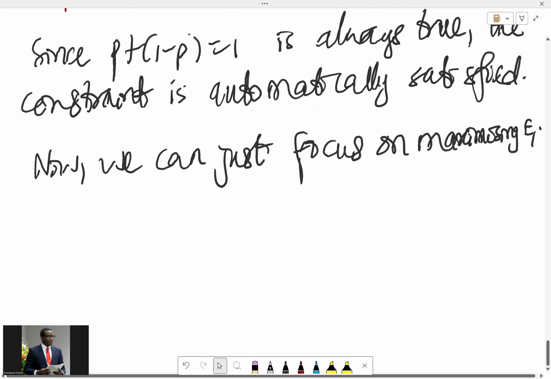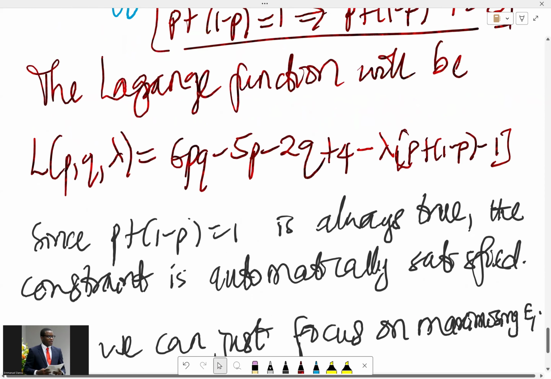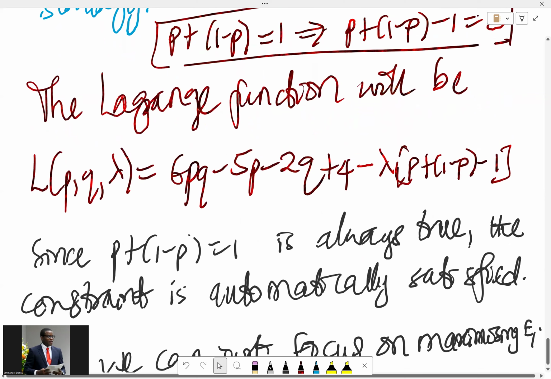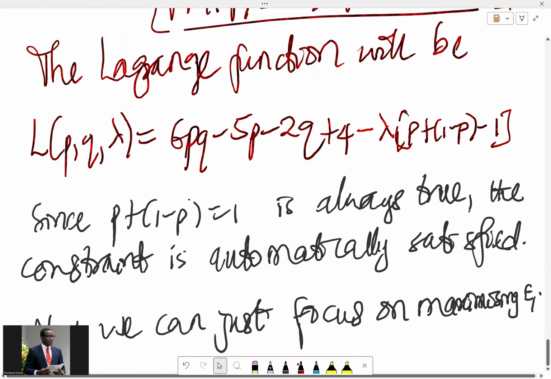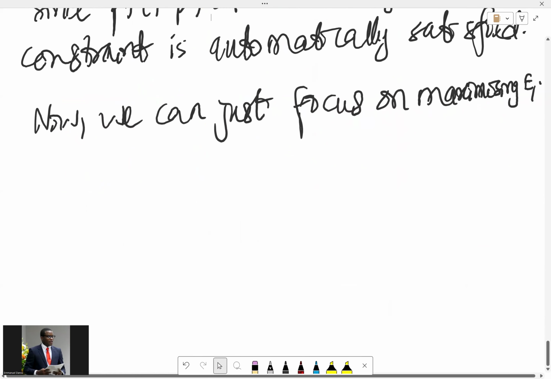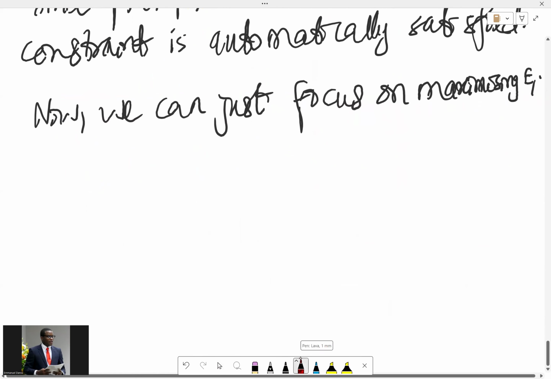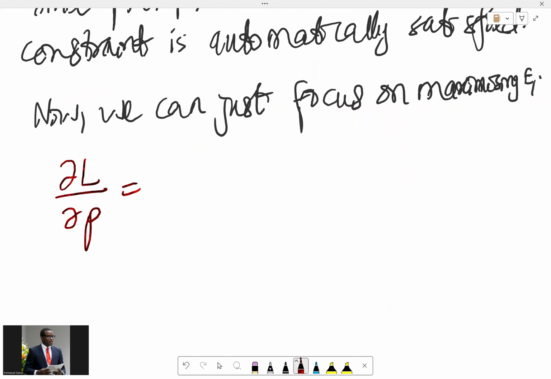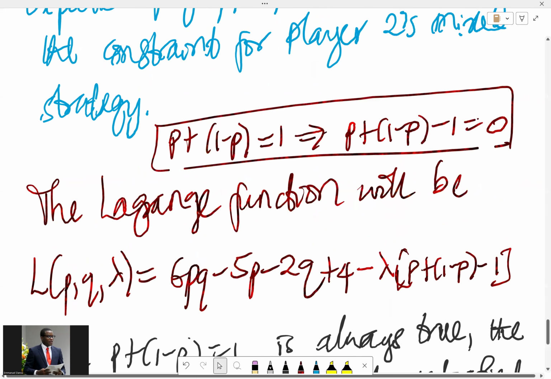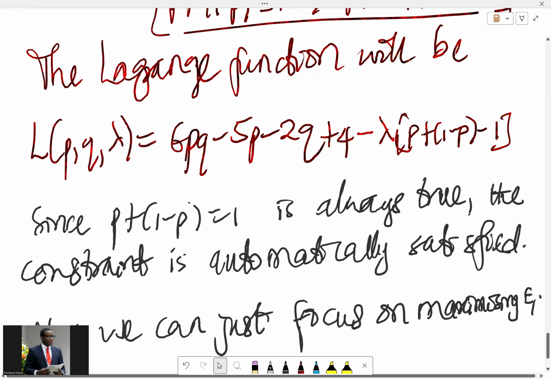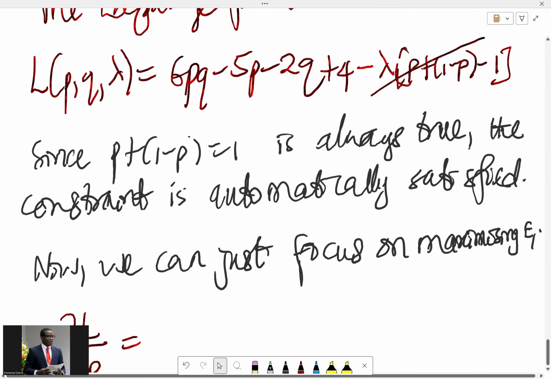So first, partial L, partial P. We differentiate with respect to P. This constraint side is gone, because 1 minus 1 is 0, so we don't have to worry about that part.